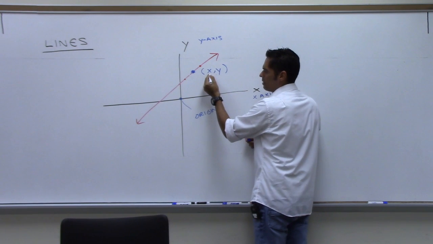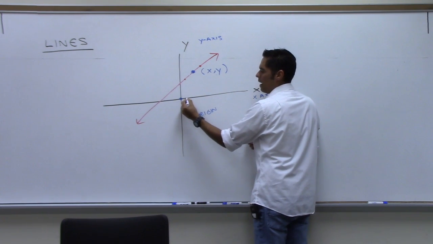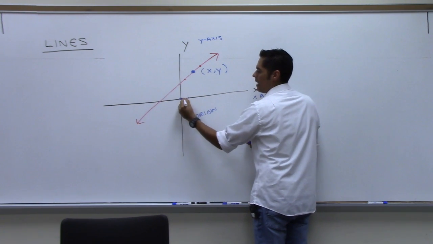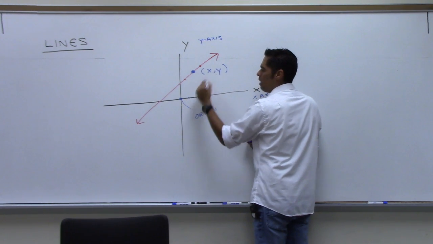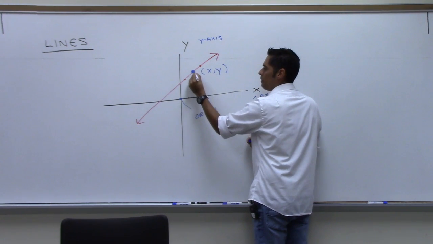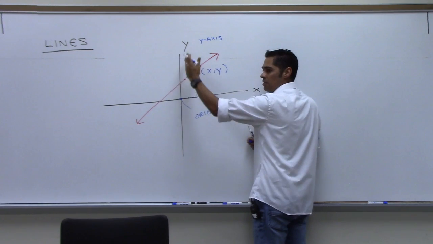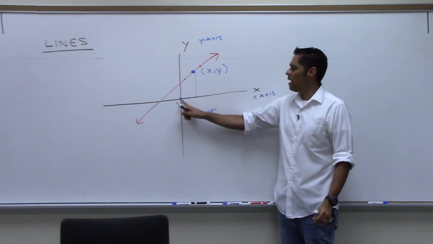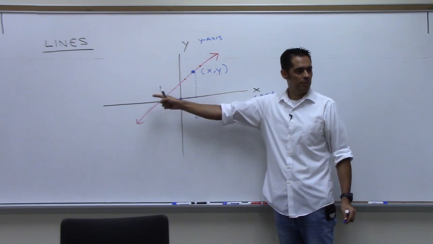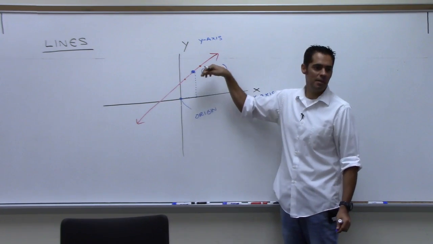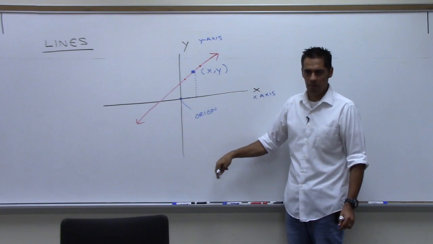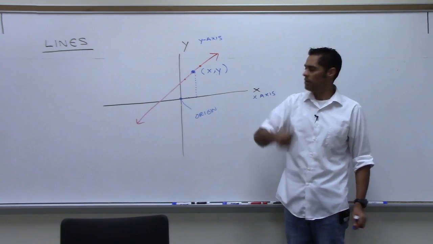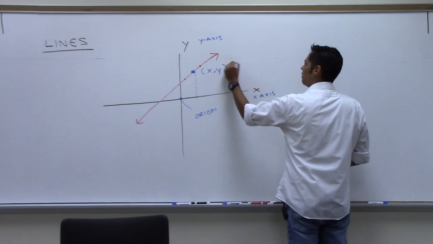What the x represents is how far we would walk out parallel to the x-axis, and the y represents how far we would walk out parallel to the y-axis. If the x number here is positive, we move to the right. If it's negative, we move to the left. If the y is positive, we go up. If the y is negative, we move down. Are we all comfortable with that? Yes? Okay, this is called an ordered pair.